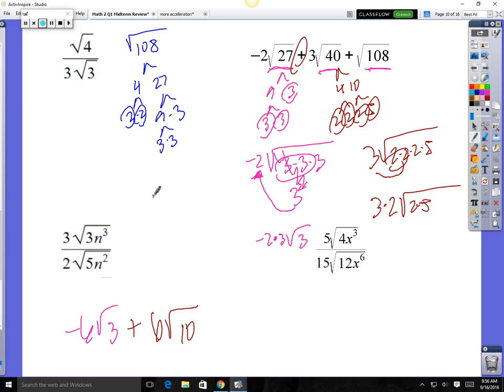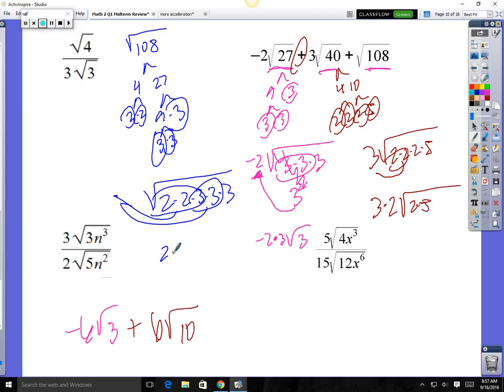So 108 is the same thing as 2, 2, 3, 3, 3. So there's a square. There's a square. I need to take a 2 out, a 3 out. So a 2 out, a 3 out, times them together. Whatever you take out, times together, and this 3 stays in. So I'm going to park it down here, and it was plus also. 2 times 3 is 6 square roots of 3.